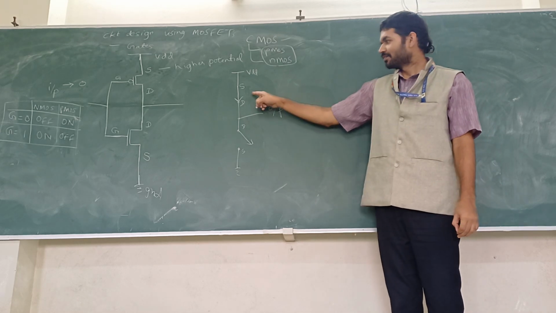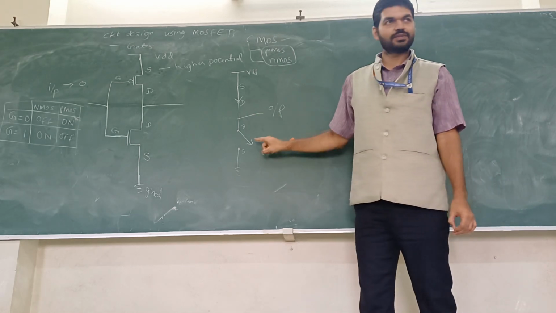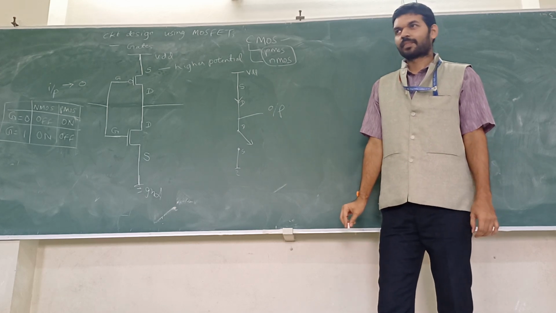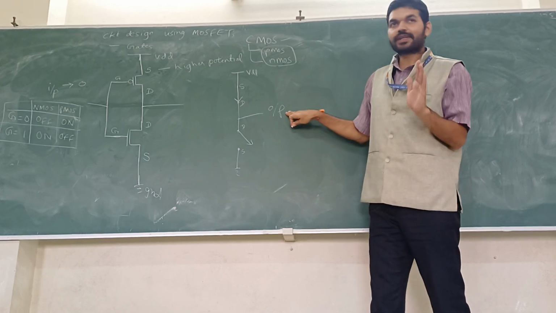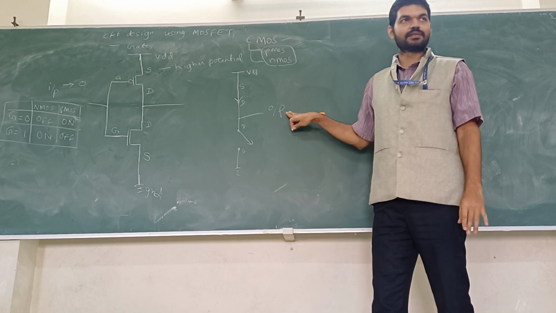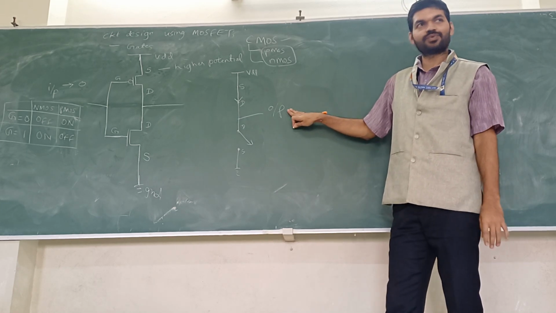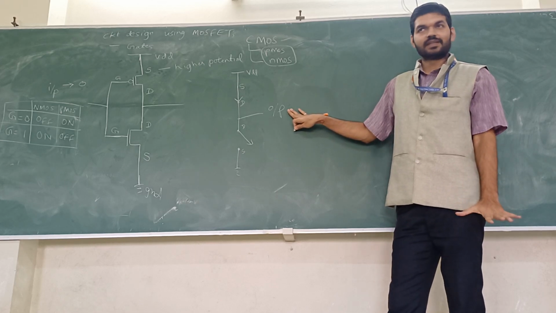PMOS is on, NMOS is off. Output is shorted to what, ground or VDD? It is shorted to VDD.